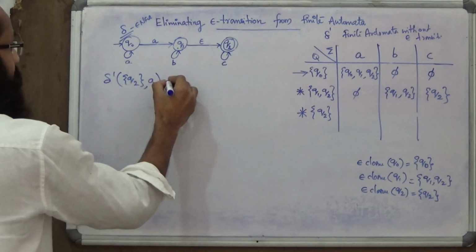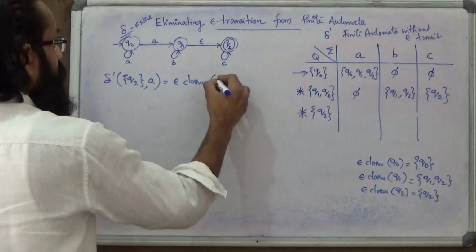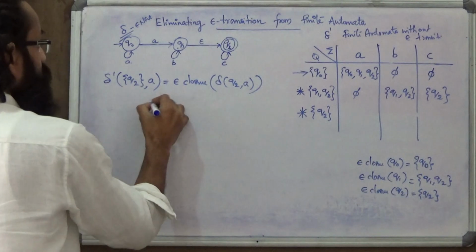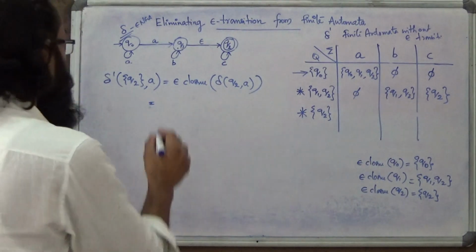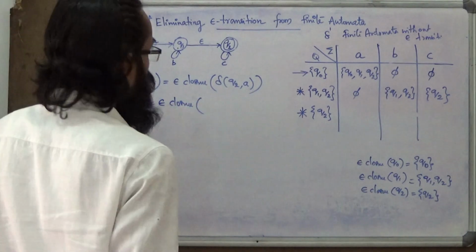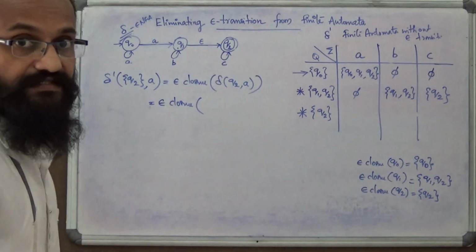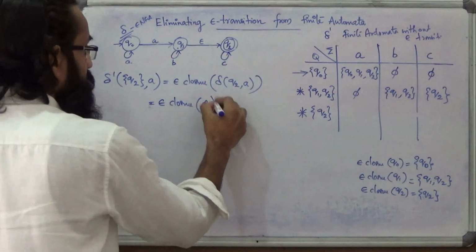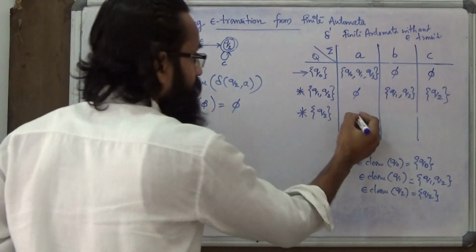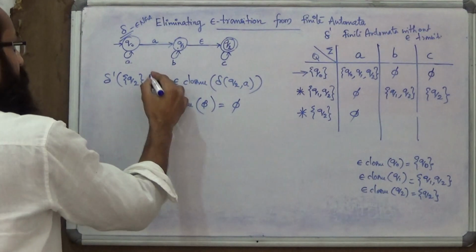First you have to apply input A. So this will be equal to epsilon closure of delta Q2 A. For Q2, there does not exist any A transition, so that will be null set. Epsilon closure of null set is null set. Similarly, apply input B. Delta dash Q2 B.